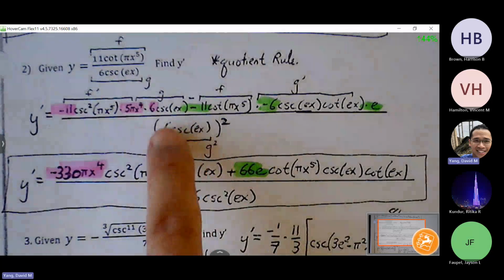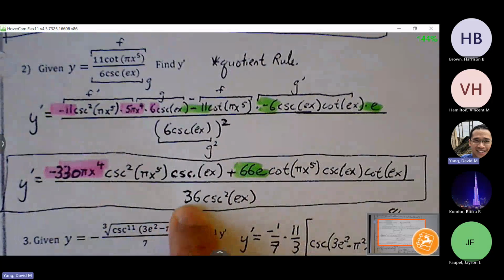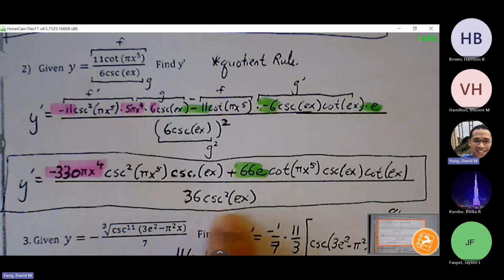And here in the denominator, both the 6 and the cosecant are squared, so that's how I got 36 cosecant squared ex.